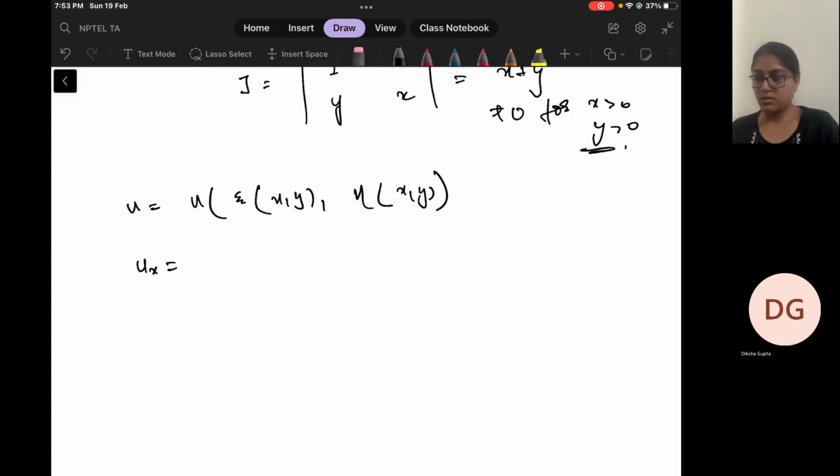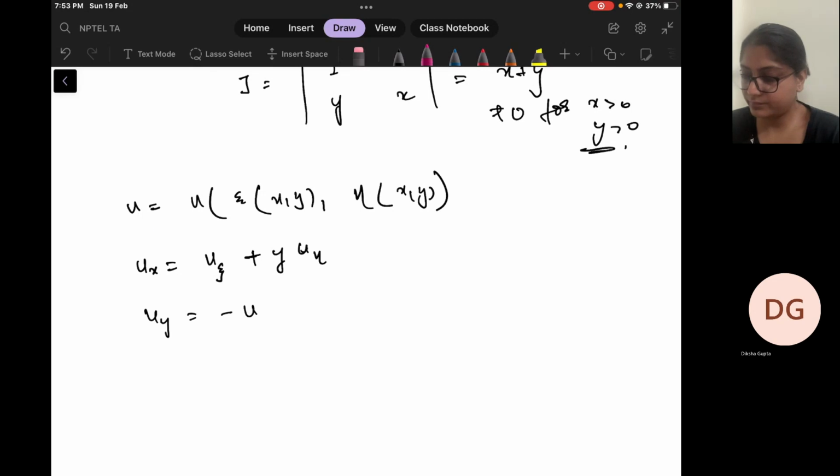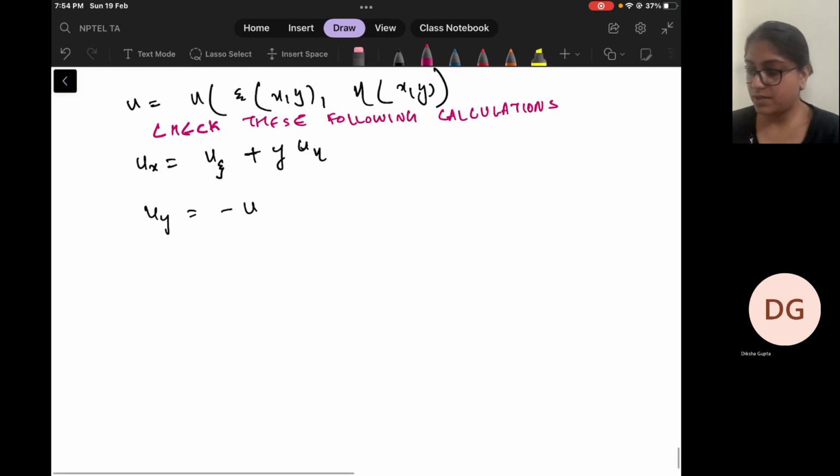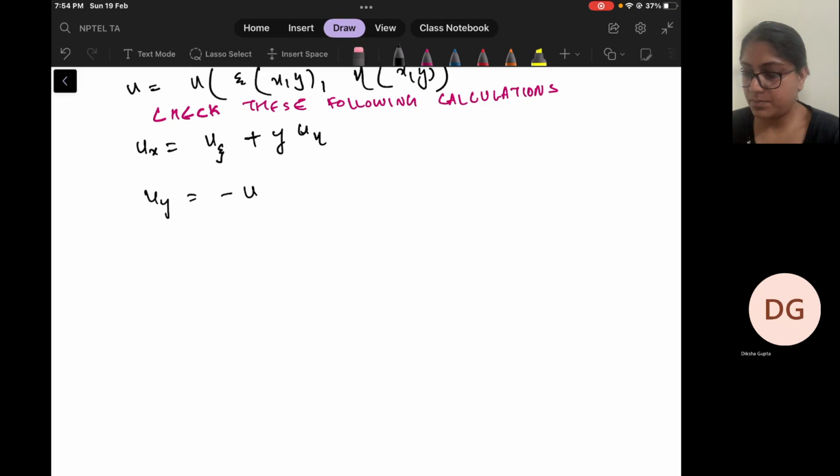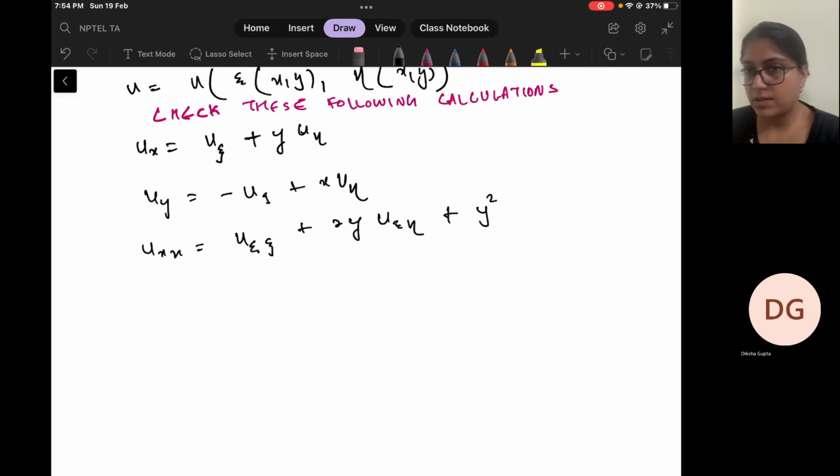So ux is u epsilon plus y u eta, and uy is, you can calculate this, u epsilon plus x u eta, and uxx will be u epsilon epsilon plus 2y u epsilon eta plus y square u eta eta.